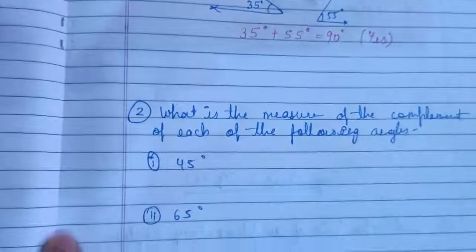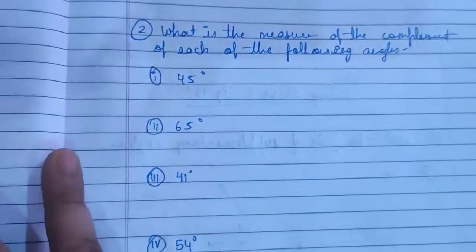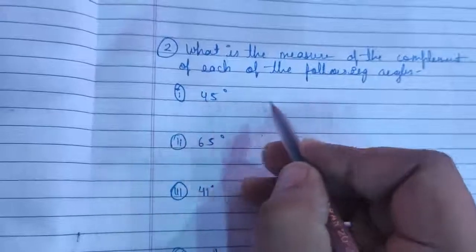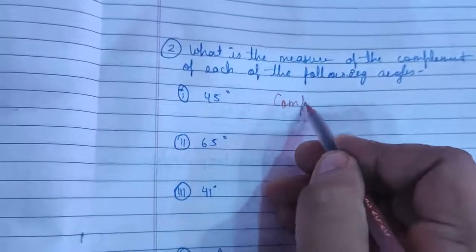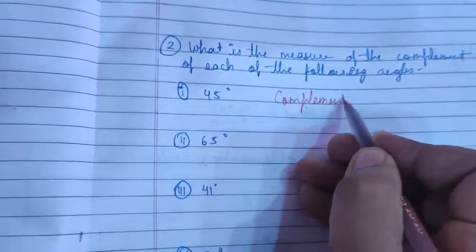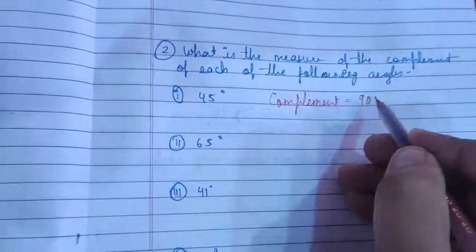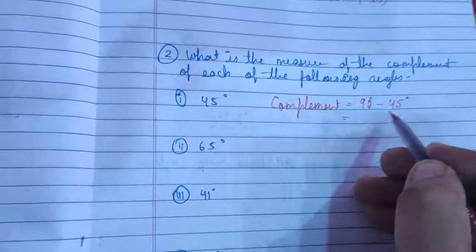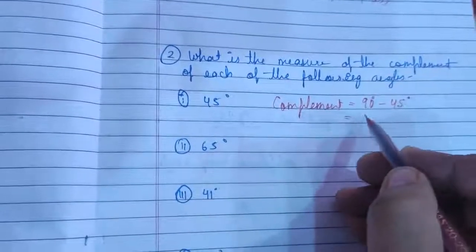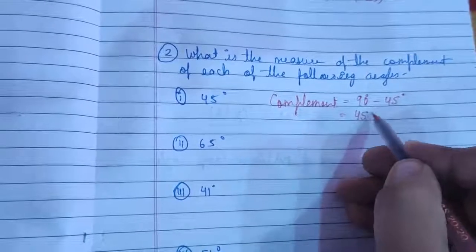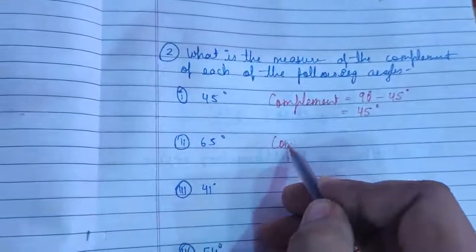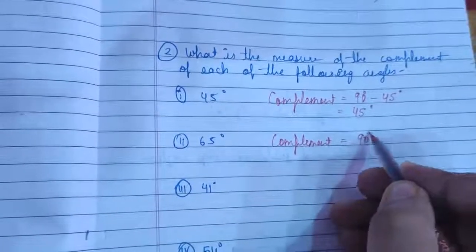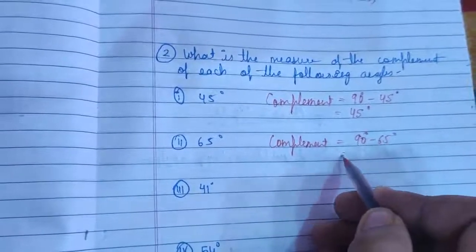Now you can see this is question number 2. What is the measure of the complement of each of the following? So how to find the complement of the angle given? We can find it by 90 minus 45. If we subtract any angle from 90, then we will get its complement. So 90 minus 45 is 45. Then again, 65 complement we are finding. So 90 minus 65, then it is 25.